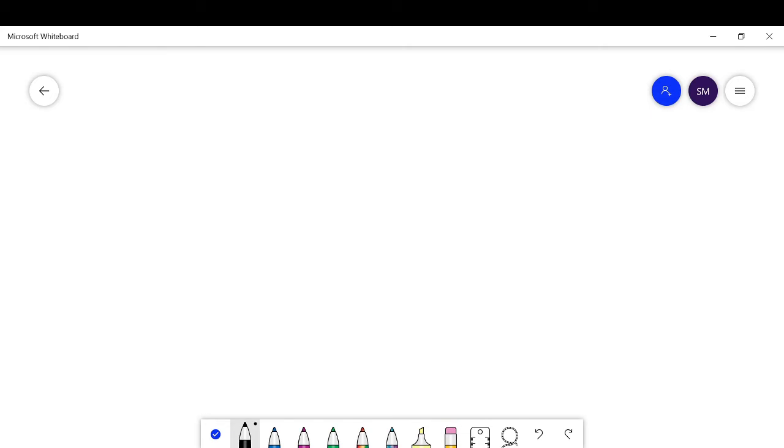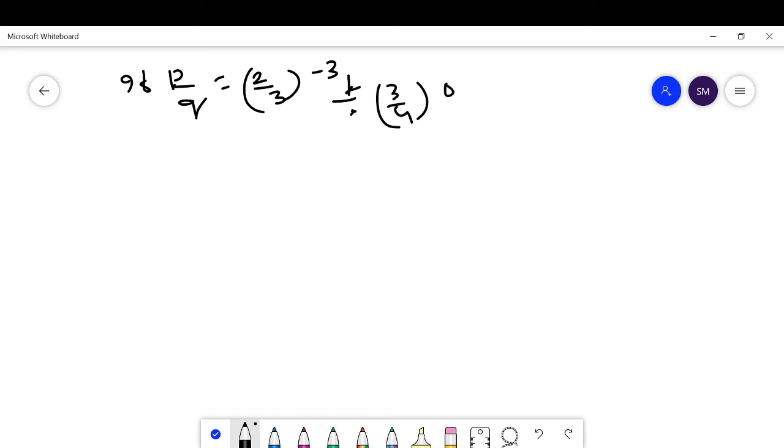Suppose a question is given: P by Q is equal to 2 by 3 to the power minus 3 divided by 3 by 4 to the power 0.